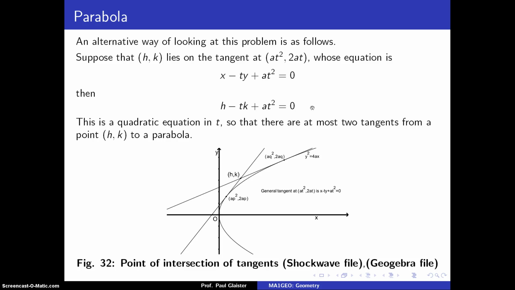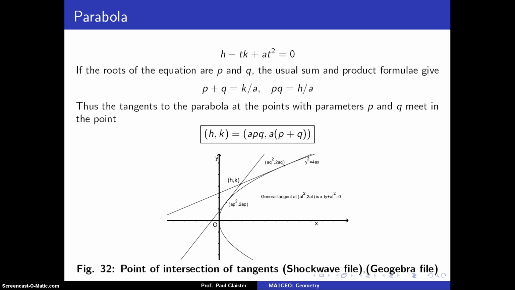However, we can interpret this equation in a different way. For given h and k, this represents a quadratic in t, where t would represent the parameter of the 2 points for the two tangents to the parabola which can be drawn from (h, k), i.e. the two tangents that meet at (h, k).